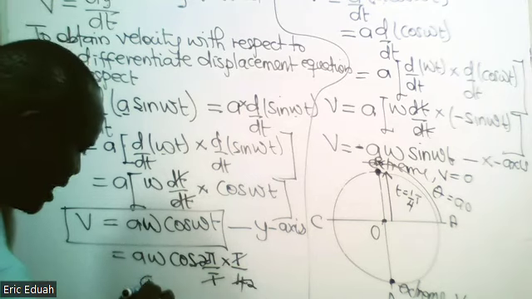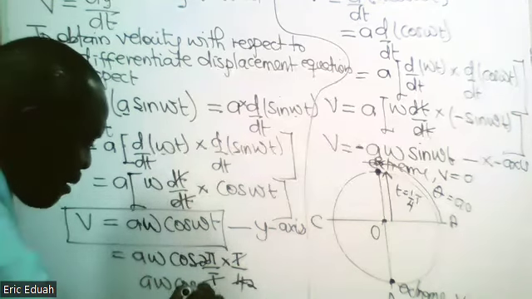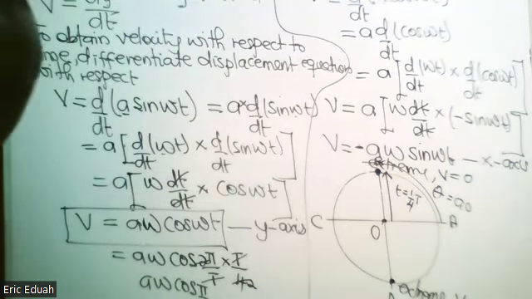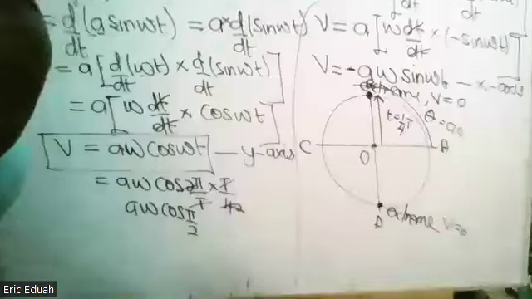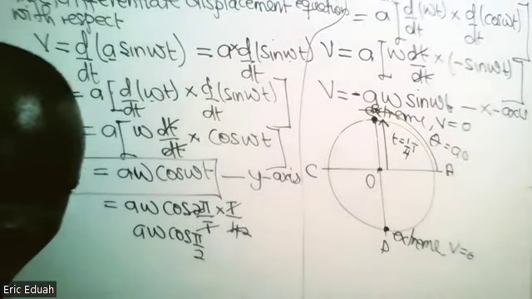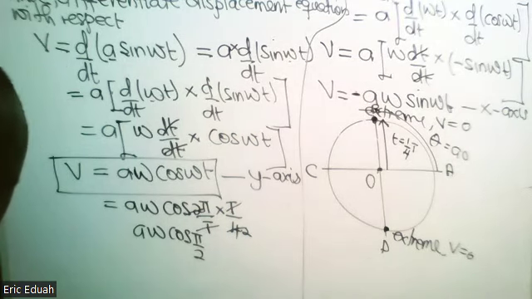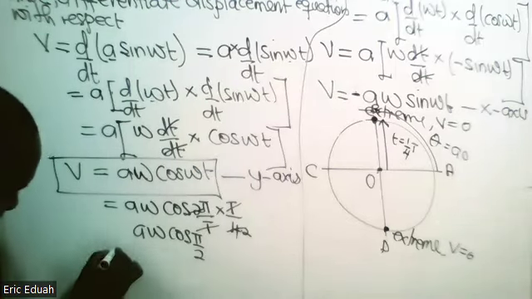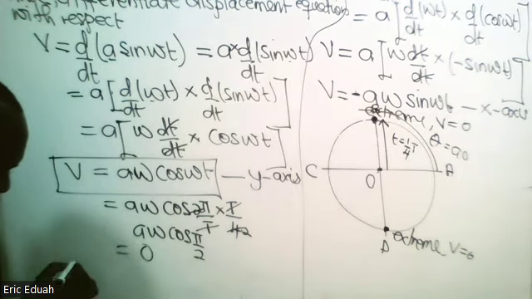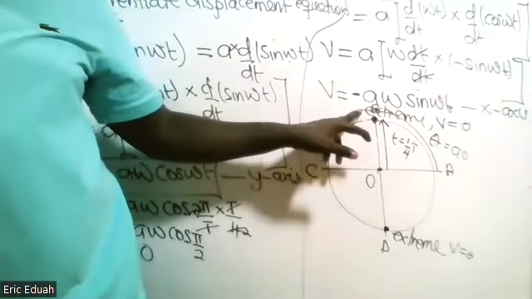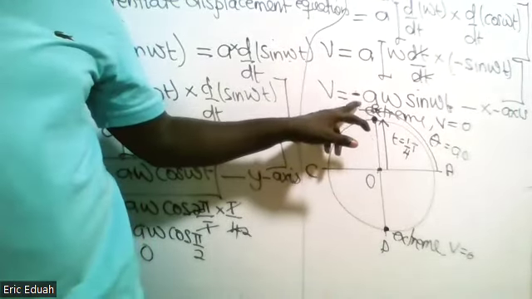So we have A omega cos pi on 2. Let's change pi on 2 to degrees. Yes, 90. So we have cos 90, which is equal to 0. So when the body gets to the first extreme, the positive extreme, velocity is 0.